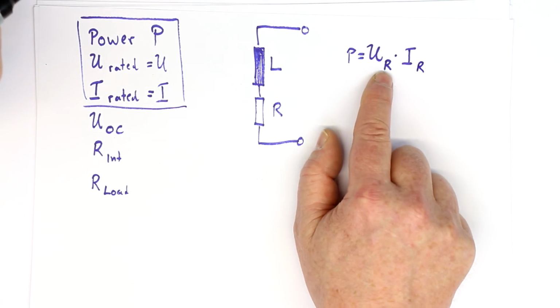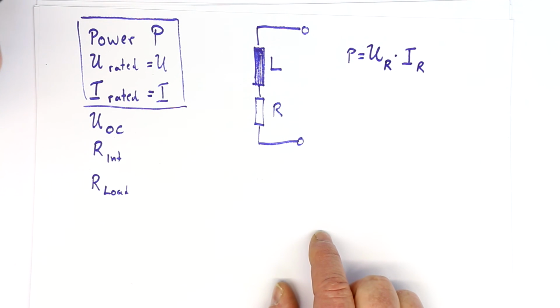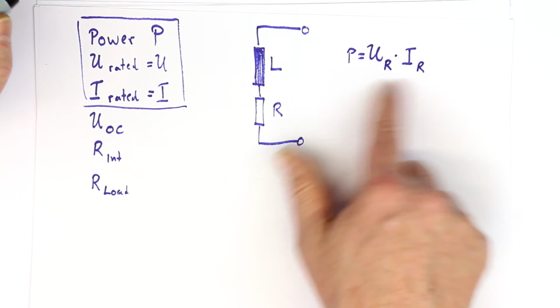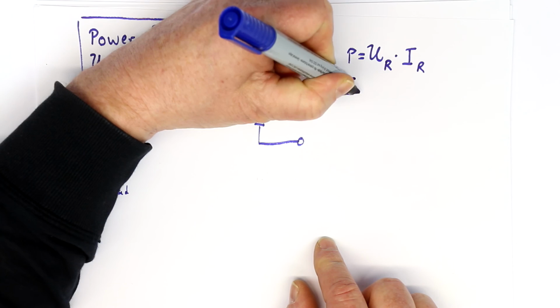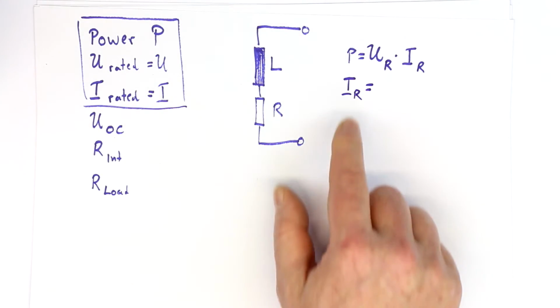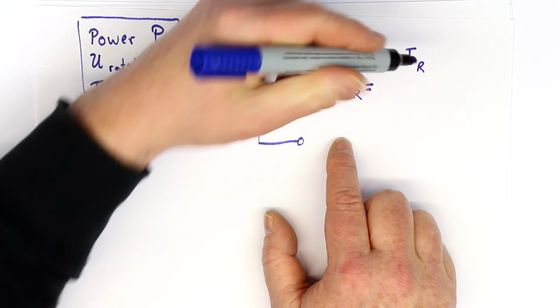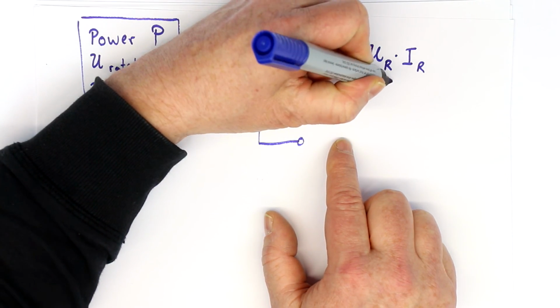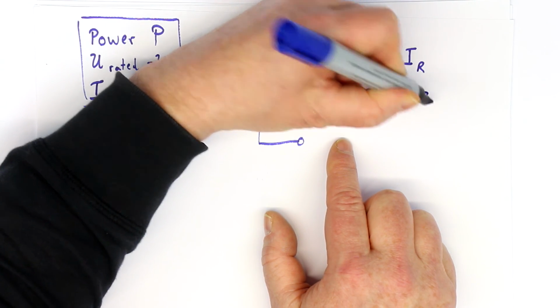I'll use the index R here for the rated values. So that is quite simple, and by simply playing around with the formula, if you want to know the maximum rated current and you have the power and the voltage given, it is simply P divided by the rated voltage.